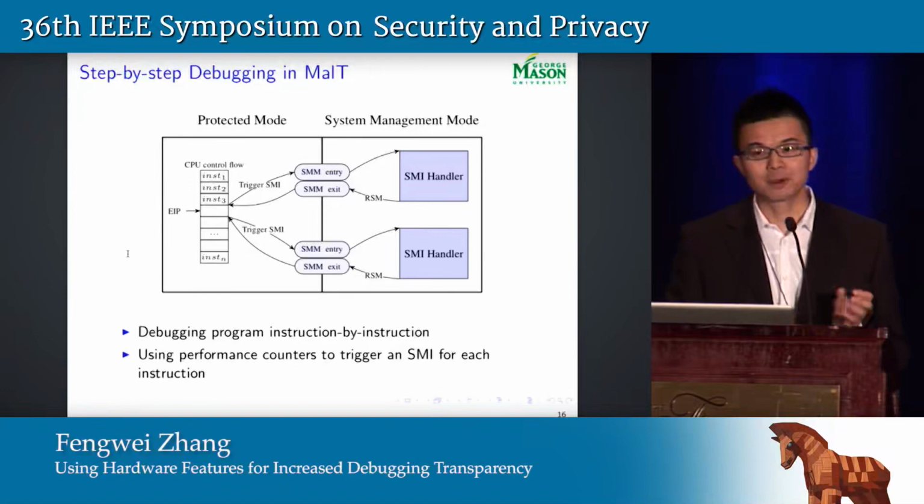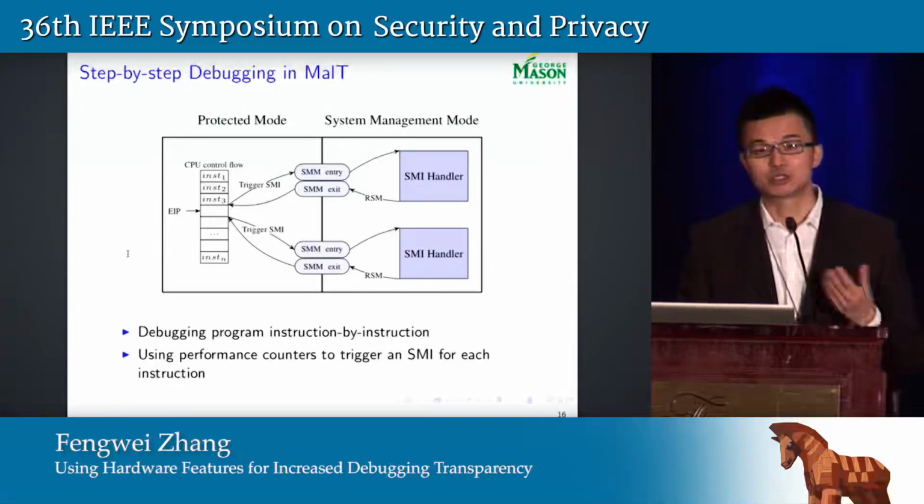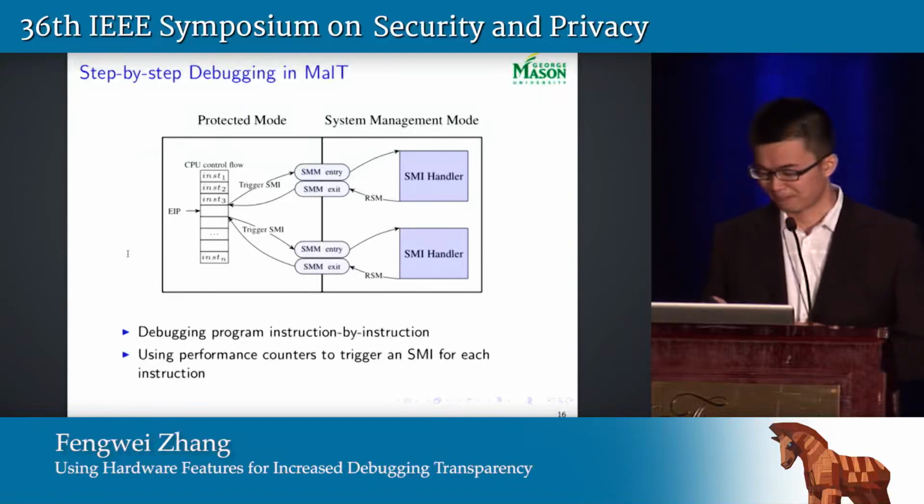Then we reroute this exception to become a system management interrupt. In this way, we can trigger a system management interrupt for each instruction. Note that we can also use other hardware events to implement different stepping modes.